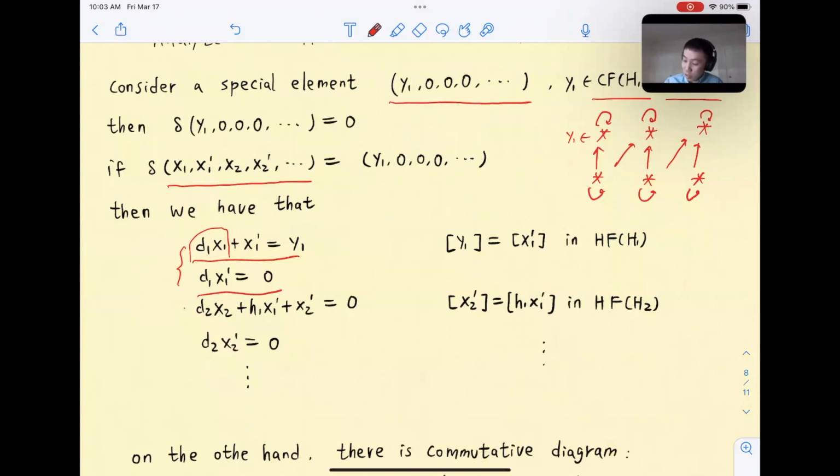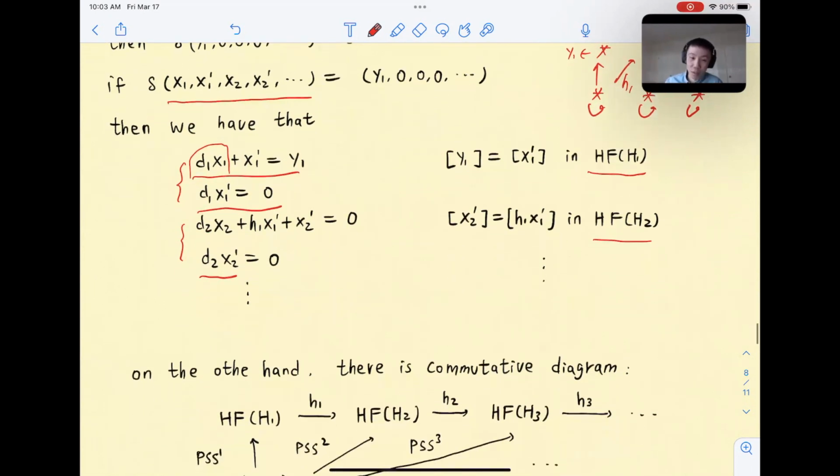Then similarly, the second, third and fourth equations say that x2 is also closed and homologous to h1 x1 prime, where h1 is this continuation map. Then we have a sequence of those relations. The first relation happens in the first Hamiltonian Floer complex, the second happens in the second, and so on.